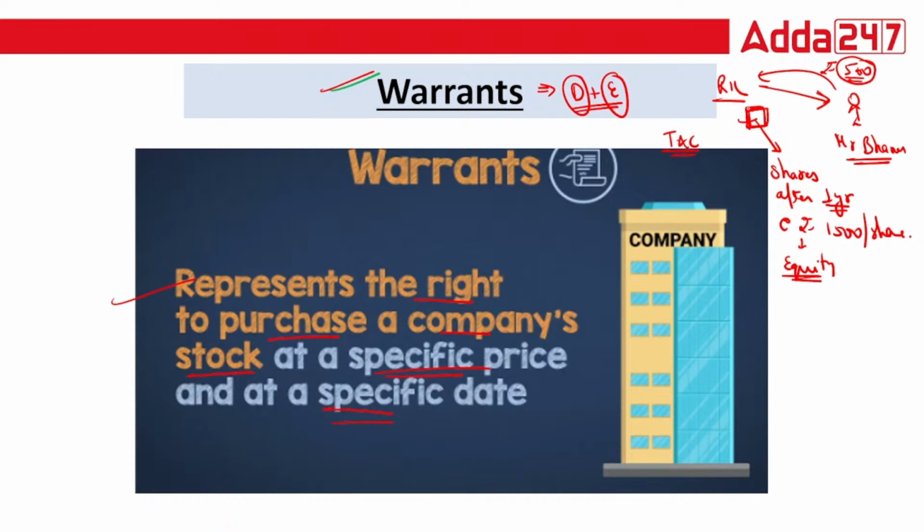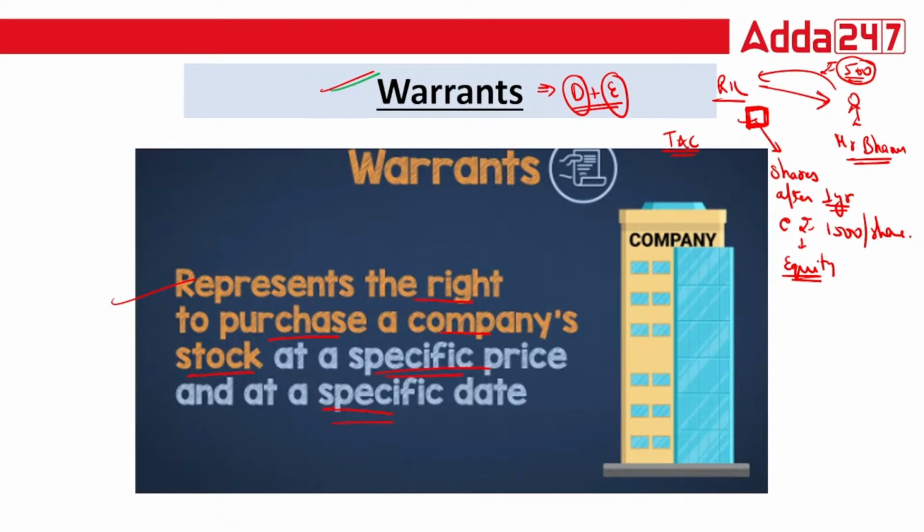So are we giving any ownership today to Mr. Bhanu? No, we are not. We are offering this ownership after 1 year. But what else are we giving Mr. Bhanu? We are giving one right, to purchase after 1 year, that is a specific date, and at a specific price, that is 1500.